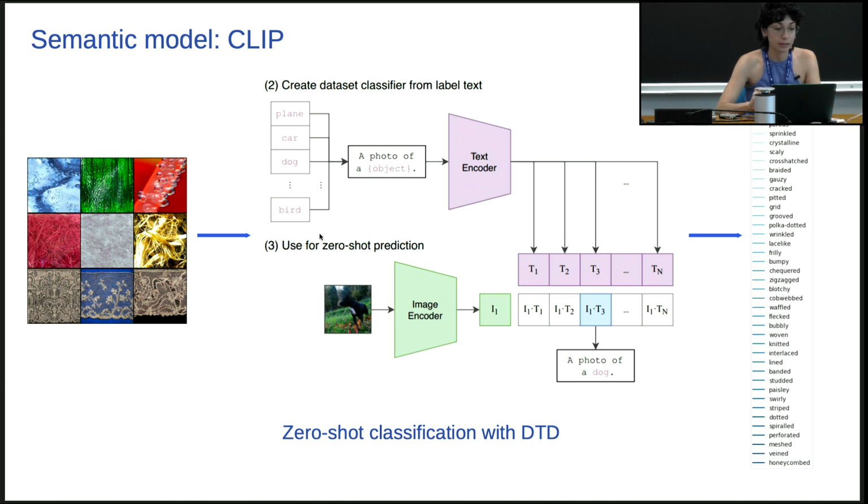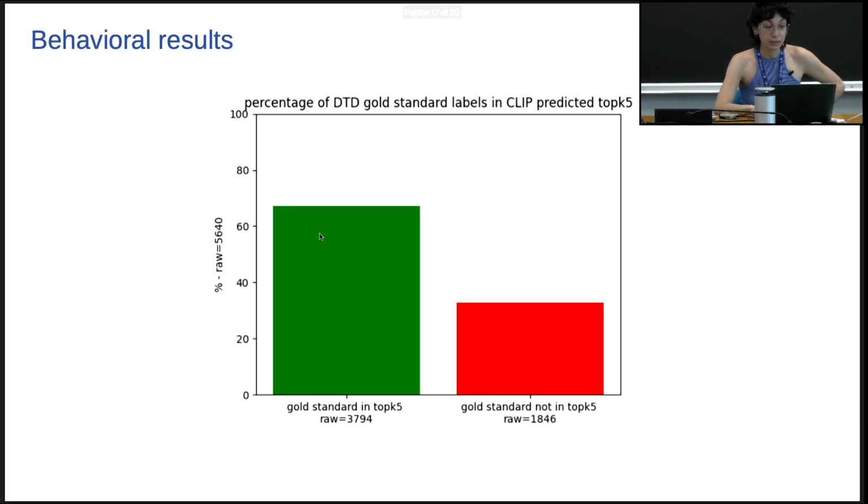This specific data set is kind of a problematic, complicated data set because it represents textures, but the model actually succeeds. We have almost 70% accuracy of correct classification for each image, which means that the model is able to correctly classify 70% of the images of textures.